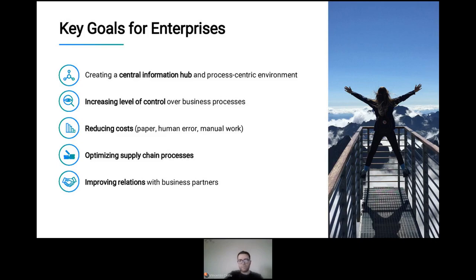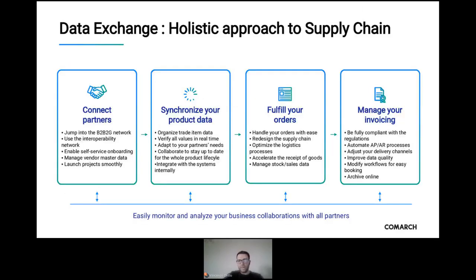Building relationships in business, of course, can reap many benefits, such as gaining new customers, keeping current customers, or establishing a good reputation. And to achieve all these goals, one of the digital solutions that many companies are looking to implement in their companies is data exchange solutions.